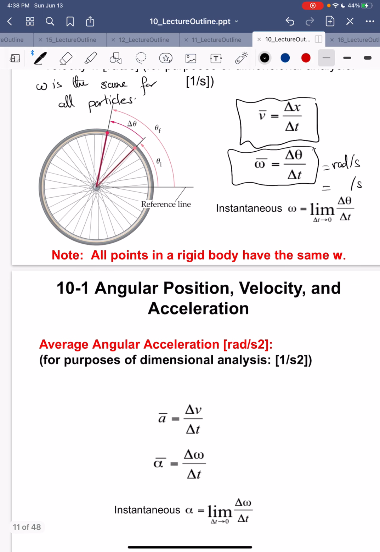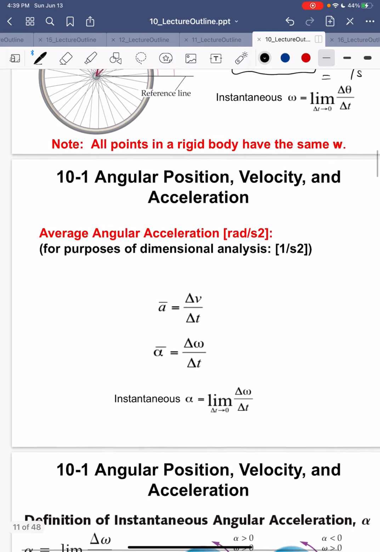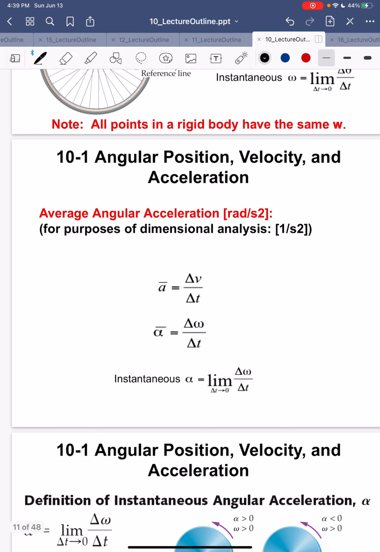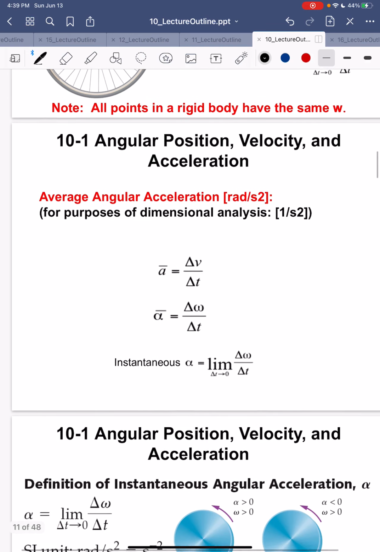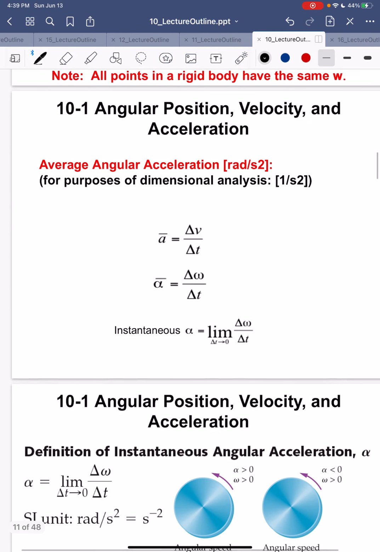Also, we can define the angular acceleration, and the average is delta omega divided by delta t, like delta v over delta t for the linear acceleration. Also the instantaneous alpha is the derivative of omega with respect to t. The units we are using here are also radians per second squared.